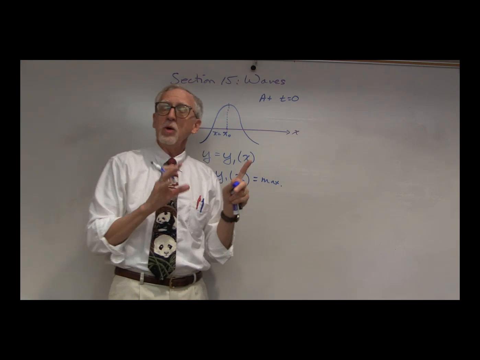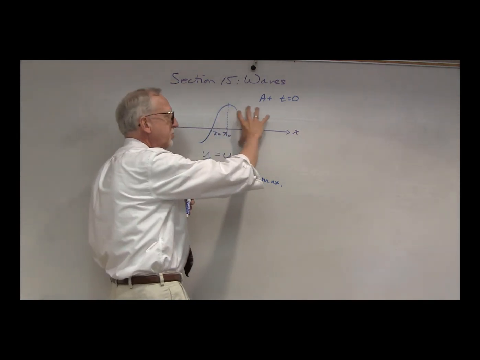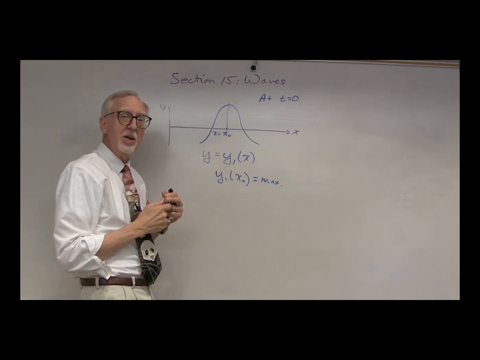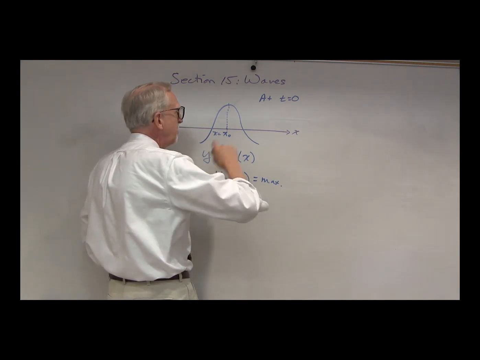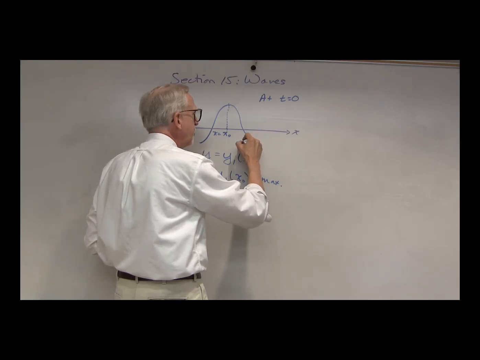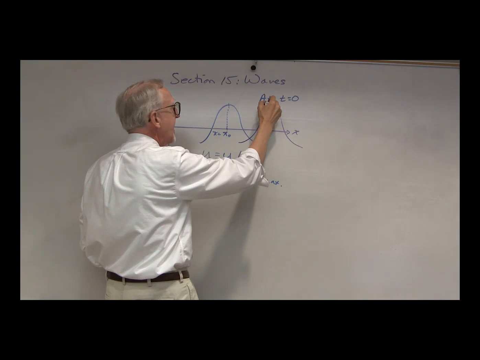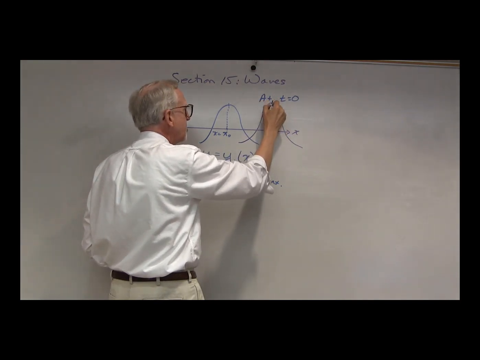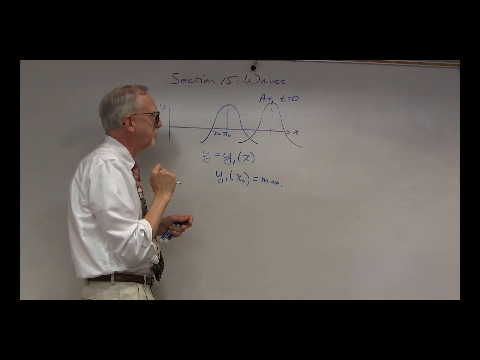Now let's imagine we wait for some time t. What's going to happen? Imagine that our wave is moving. At some later time, our maximum, let's say, has moved over to here. So there's our new maximum at some larger value of x. Well, what's the larger value?